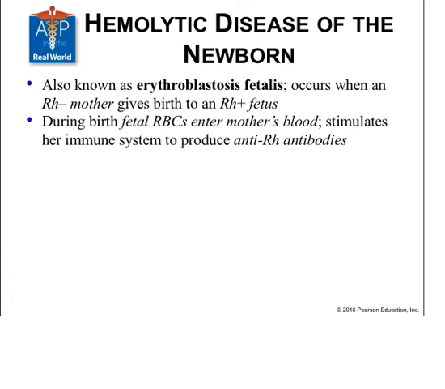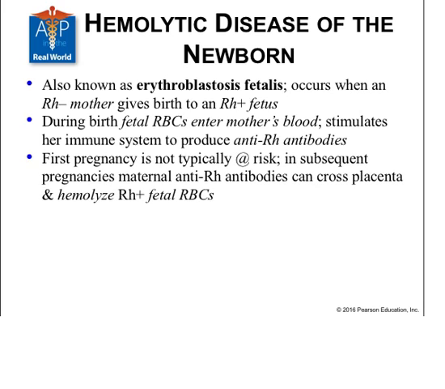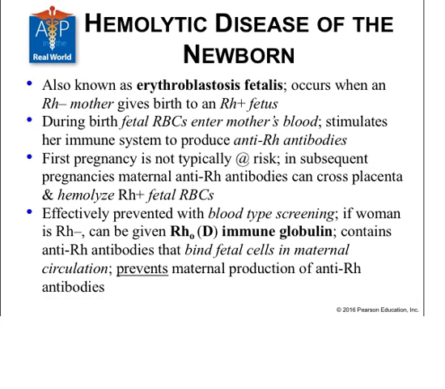During birth, fetal RBCs enter the mother's blood and stimulate her immune system to generate anti-Rh antibodies. The first pregnancy is typically not at risk, but subsequent pregnancies run the risk of the maternal Rh antibodies crossing the placenta and attacking and hemolyzing the fetal red blood cells and potentially killing the baby. It can be prevented with blood type screening.